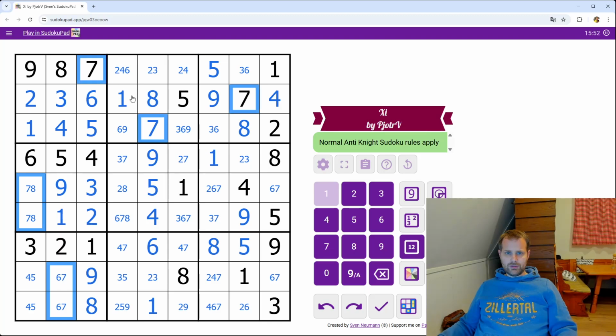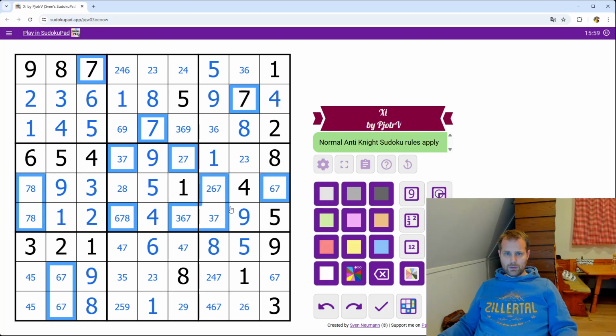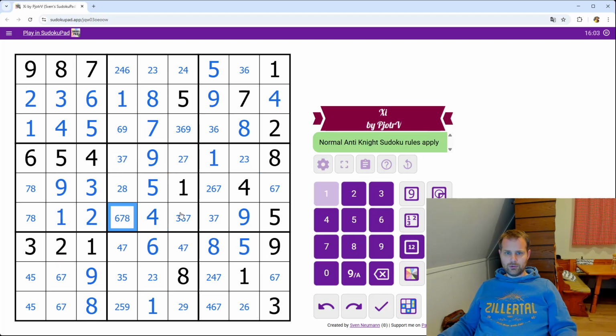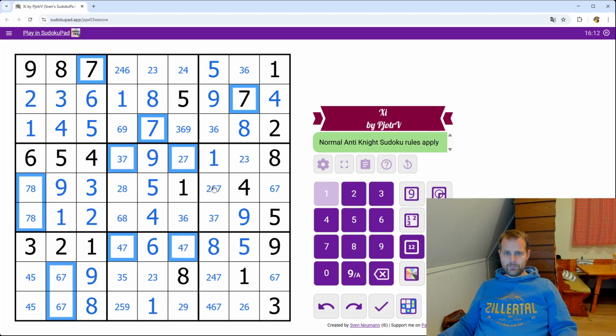The 7s. I can immediately see there must be a 7 in one of those, so these can't be 7. Let's look a little bit further than that. Can we see more? Not yet.